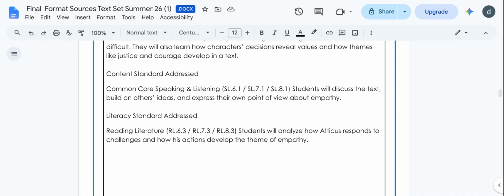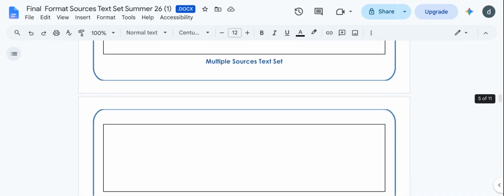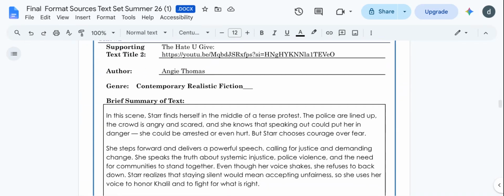Or will they confront their fears and stand for their friends? In reading literature, students will analyze how Atticus responds to challenge and how his reaction develops the theme of empathy.